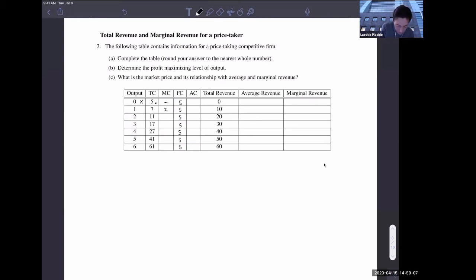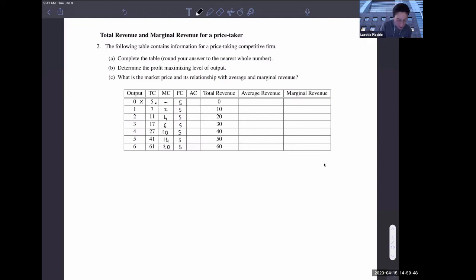When I produce 2 units, my incremental cost is 11 minus 7, which is 4. For 3 units, it's 17 minus 11, which is 6. For 4 units, marginal cost is 27 minus 17, which is 10. For 5 units, it's 41 minus 27, which is 14. And the last one is 20. You can see that as I increase output, total cost is increasing.